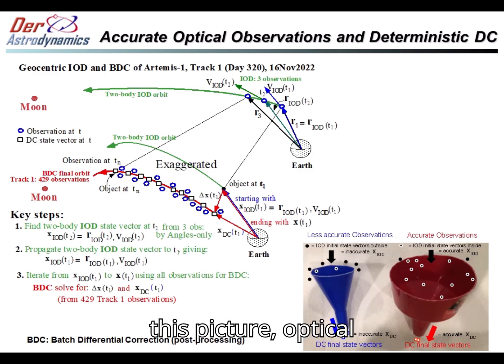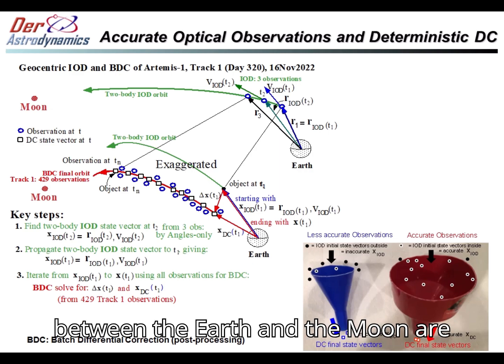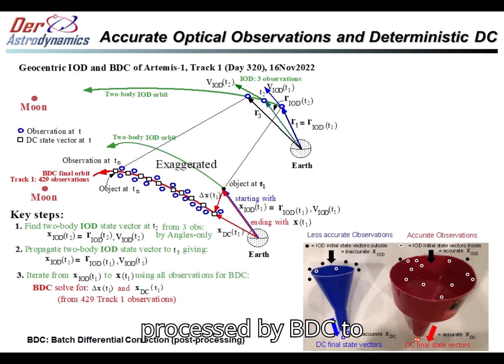In this picture, optical observations of the 2022 Artemis 1 between the Earth and the Moon are processed by DC to output X_DC(T1).